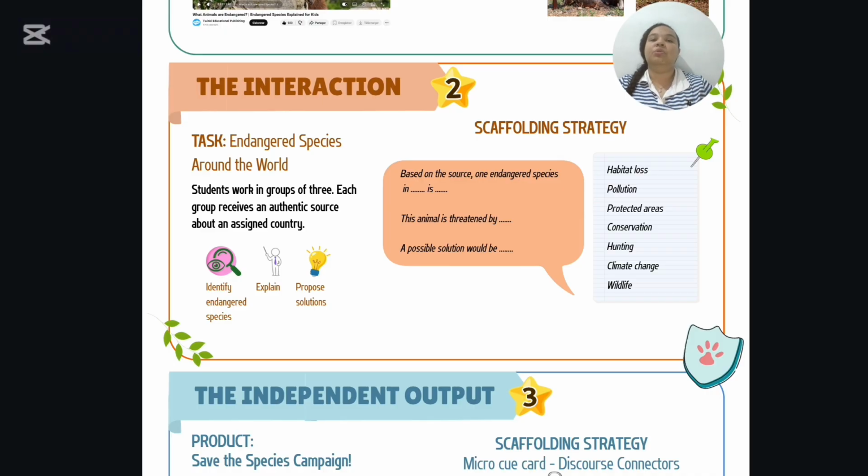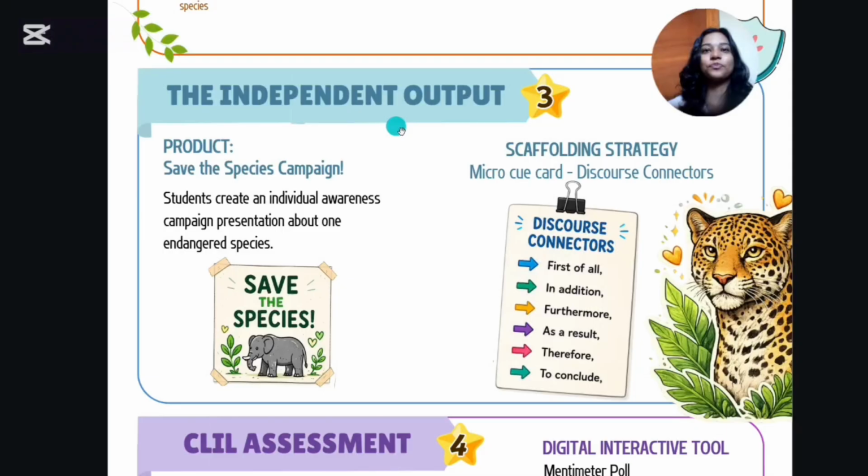Now let's move on to the next stage. For independent output, we have the project, which is a Save the Animal campaign activity. In this activity, students have to create an individual awareness campaign presentation about one endangered animal of their choice.